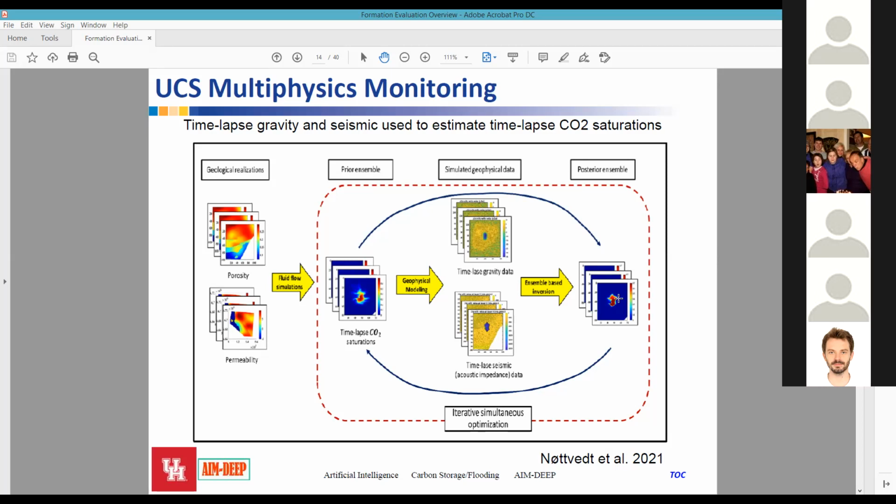And we also need to match the seismic data as well as the gravity data, because we have several suites of the seismic data and the gravity data, and these are going to be added to the history matching group. And this data is going to help us monitor the CO2 injection and come up with a better estimate of the CO2 saturation.